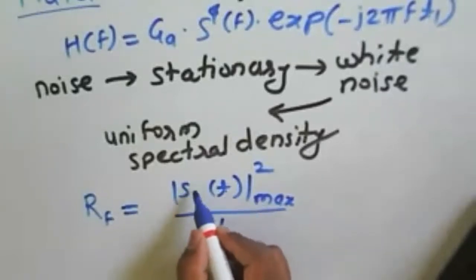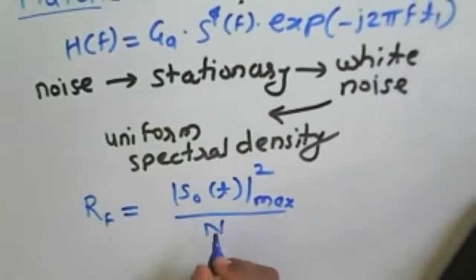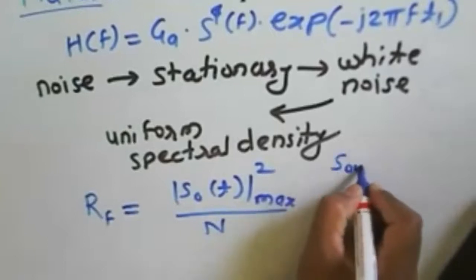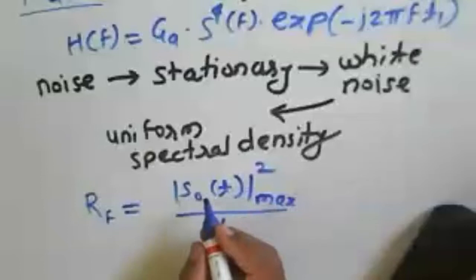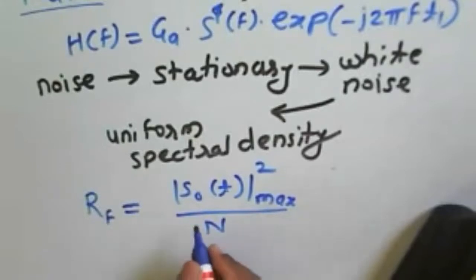This S0 is the output, and S of t is the input signal. So we can say S out is the maximum value, and the noise is nothing but the noise power at the receiver output.